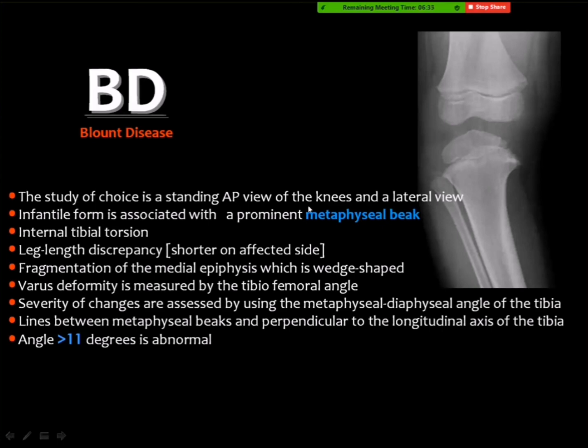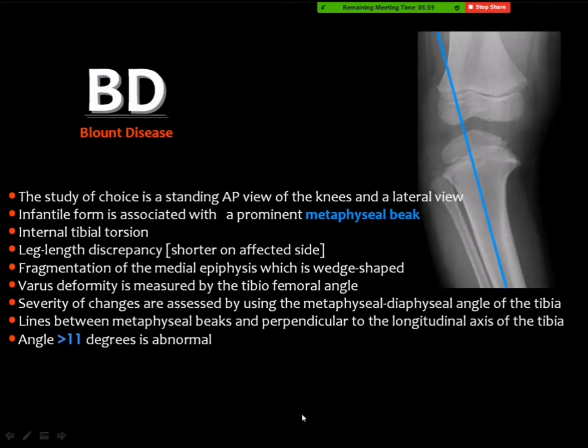The disease is diagnosed very easily by the plain film, and you get the prominent metaphyseal beak of the tibia and a small size of the medial part of the tibial epiphysis, leading to inward deviation of the leg, which is known as the varus deformity. This is one of the types of avascular necrosis occurring all over the body.